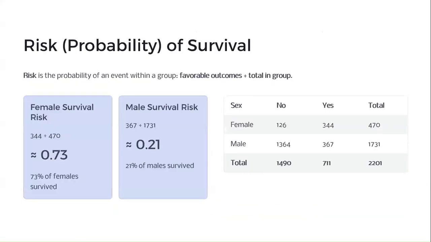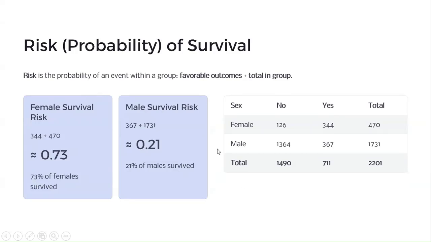The first one is risk of survival. Risk is the probability that an event happens in a group. Here, the event is survived. For females, the risk of survival is 344 divided by 470, which is about 0.73 or 73 percent.